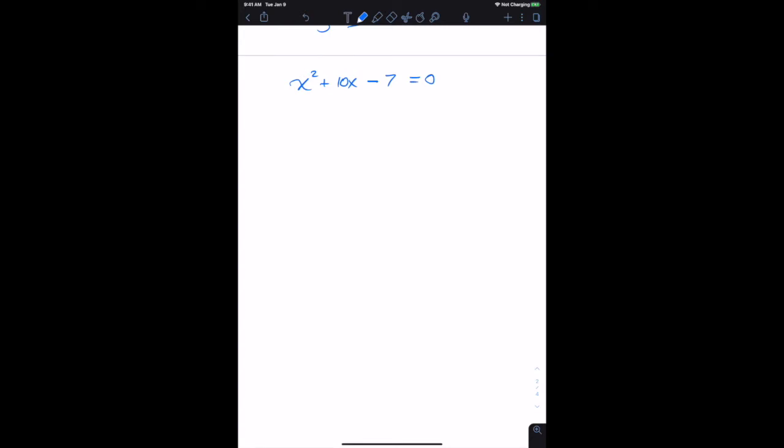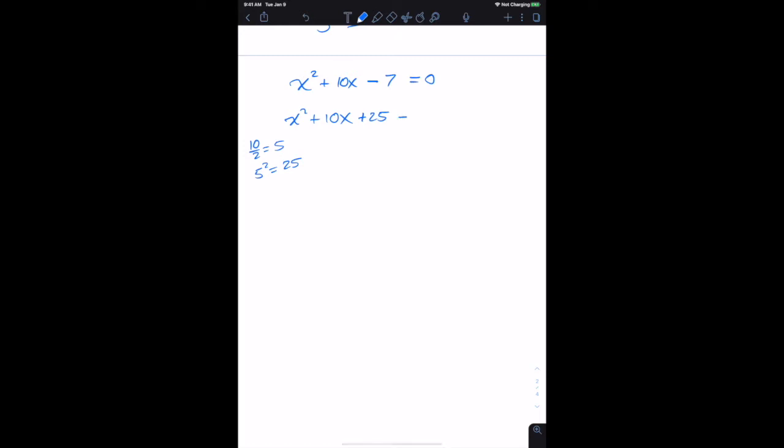We can take the first two terms, x squared plus 10x, and take that second coefficient, 10, and divide it by 2 and get 5. And then take 5 and square that and get 25. I can add that 25 there and I've completed the square, but I've changed things, so I want to unchange things.